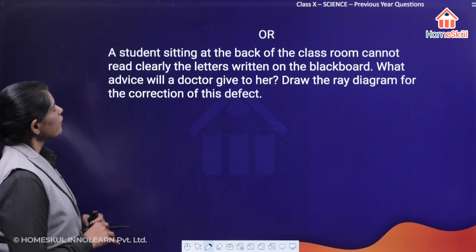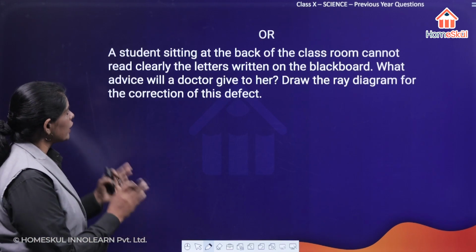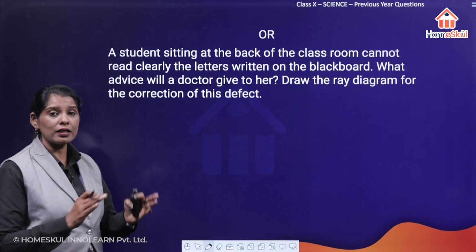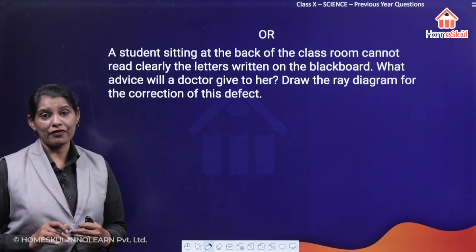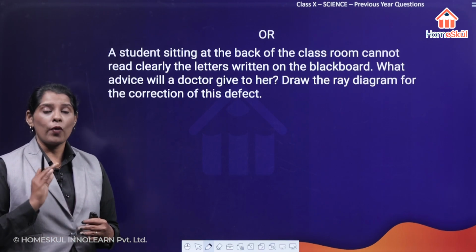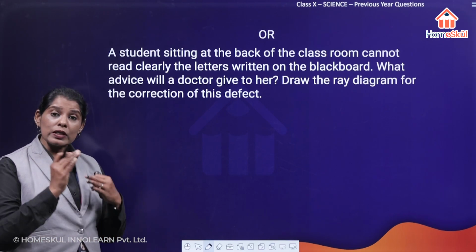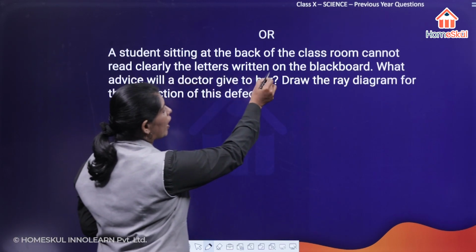Okay. So if the student who is sitting at the back of the classroom is not able to see or read the letters written on the blackboard, that means she is suffering from a defect. And which is that defect? Wherein the person is able to see the nearby objects clearly, but not able to see the faraway objects.